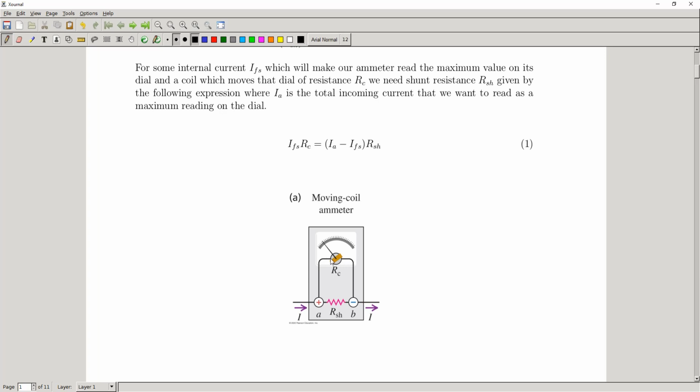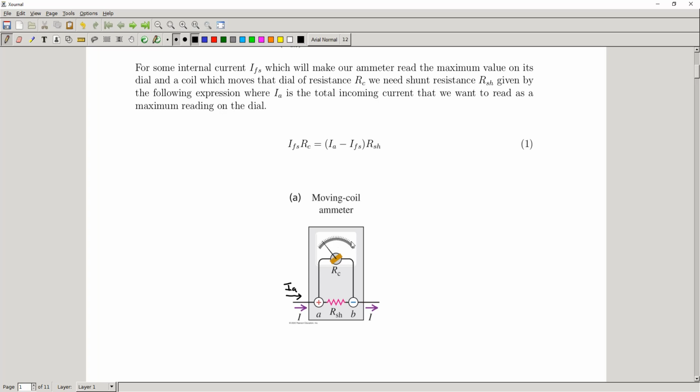Okay, so for a resistor with that RC, we need some shunt resistance RSH, given by the expression that we see here, where IA is the total incoming current. So we can imagine that there would be some IA coming in here, not just the I that we have written here, but IA. So we have a different labeling scheme, and it's going to read this IA as the maximum deflection here on this dial.